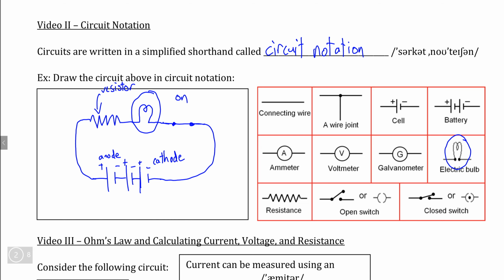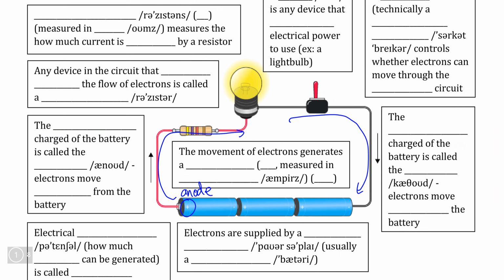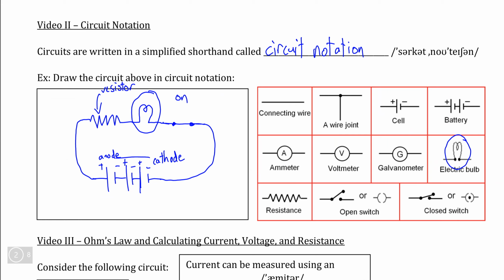Once again, this circuit here that we've drawn using circuit notation is exactly the same as this circuit here, because we have all of the batteries that we use as our power supply here, and we can see that the positive end of the battery, the anode, is at this end, meaning that our electrons will flow this way through the resistor where the current slows down and through this light bulb, which is our load in the case of this circuit.